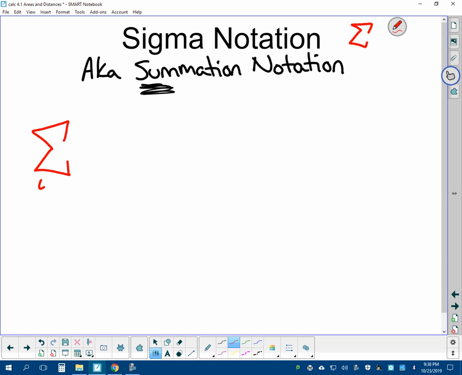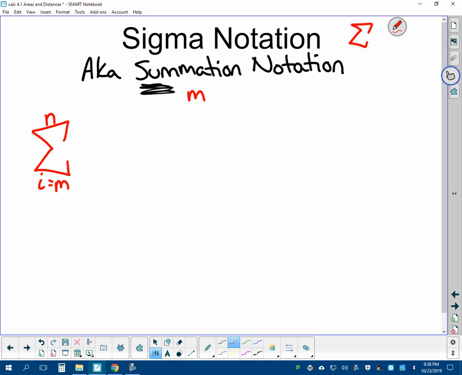It's going to give you whatever variable you're working with, set equal to some number. In this case, I'm just going to use general terms. On top of that sigma, there's going to be another number, and in this case, I'm using n.